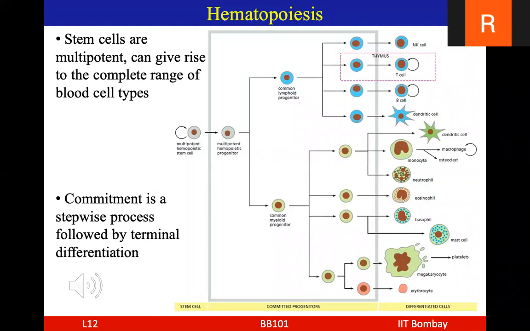Here, on the extreme right, you see all the cells, NK, T, B, dendritic cells, monocytes, neutrophils. They're all different types of blood cells. So one stem cell is giving rise to multiple different cell types, but with one catch: it can only give rise to blood related cells. It cannot give rise to liver cells or heart cells or kidney cells.